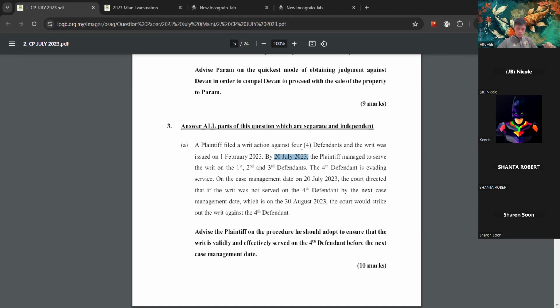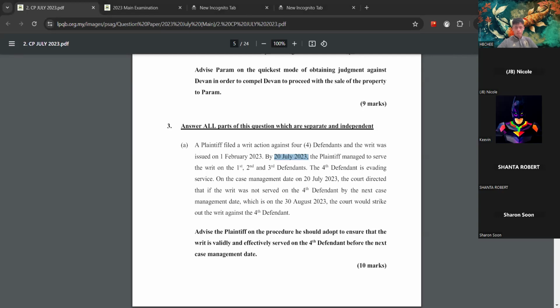Okay? The case for renewal of writ is the case of S. Shelby. I will type in the group chat. This is the case that you have to include for your answer to renew the writ.